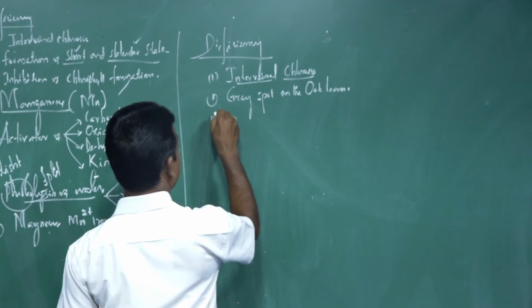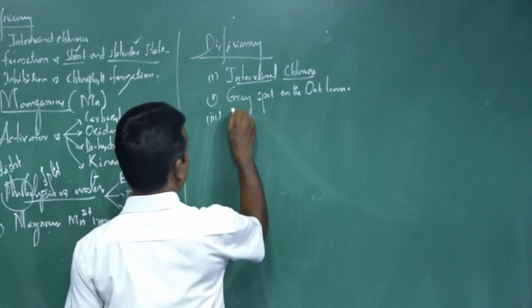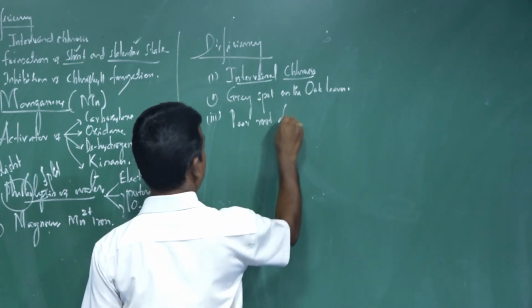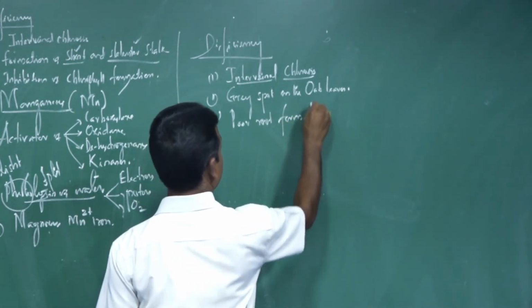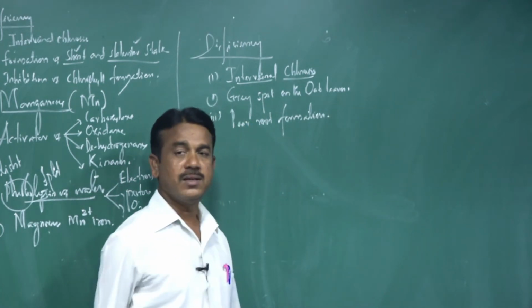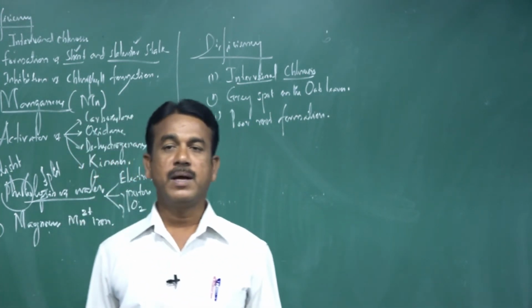Third deficiency is poor root formation. These are commonly called deficiency of manganese.